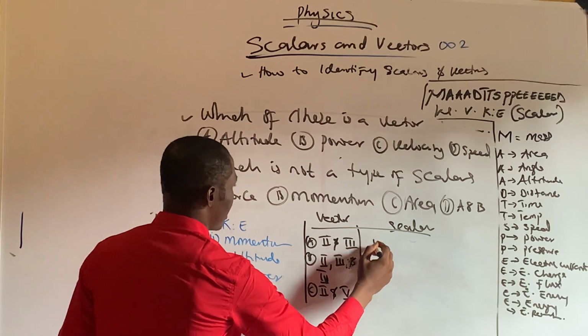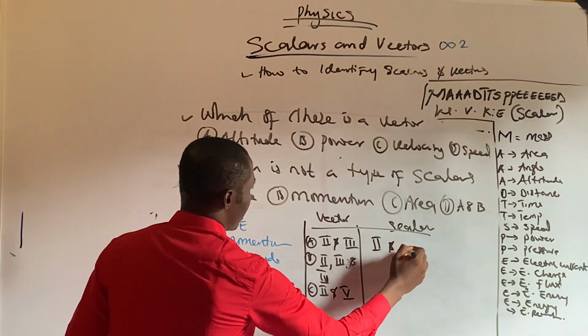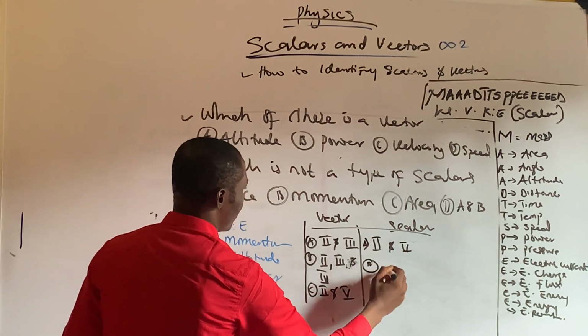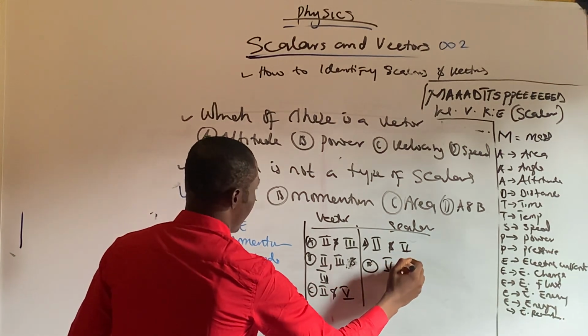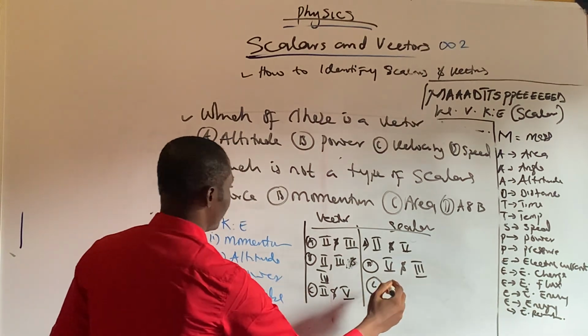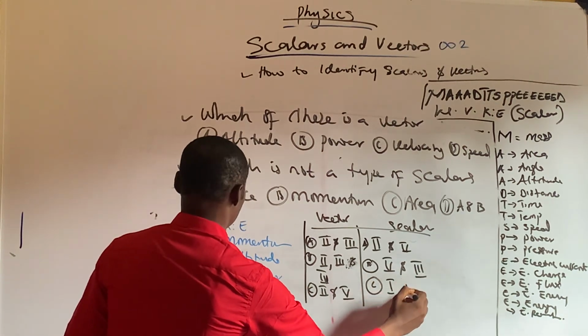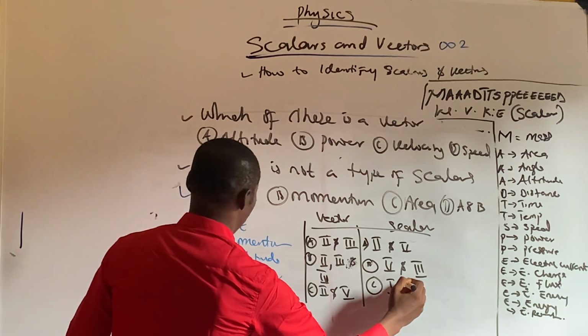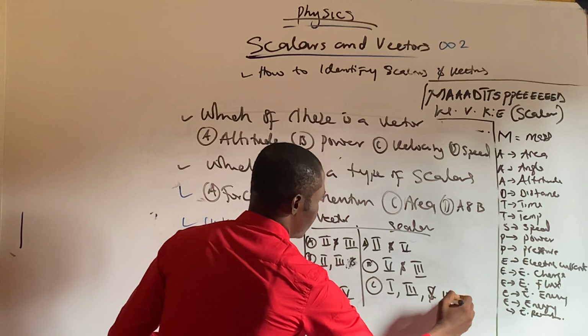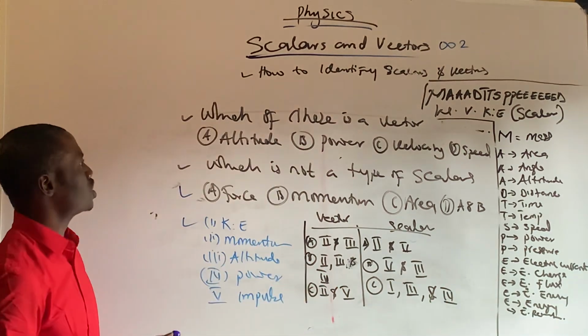Option A, I and V. Option B, V and II. Option C, I and IV. Now, let's pick up the first question.